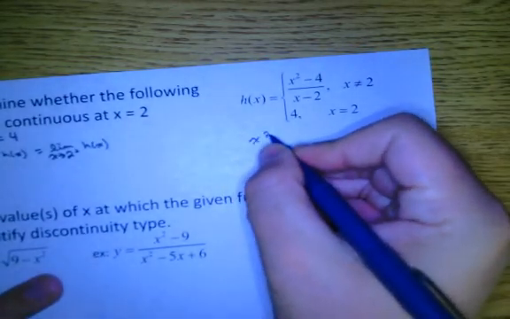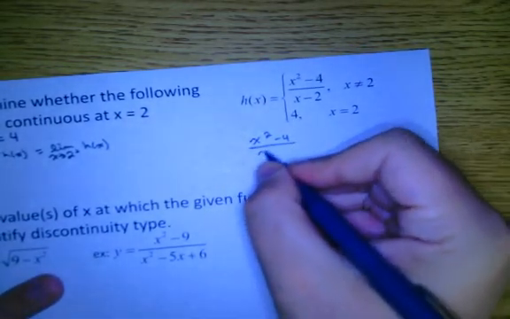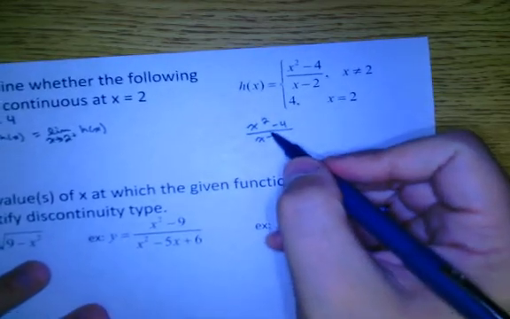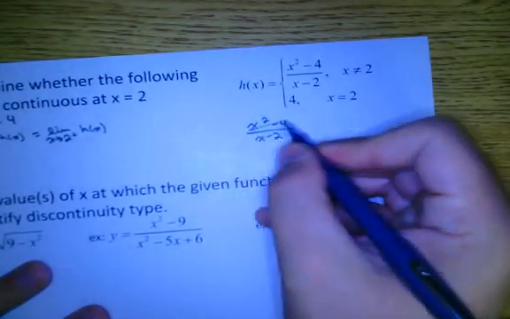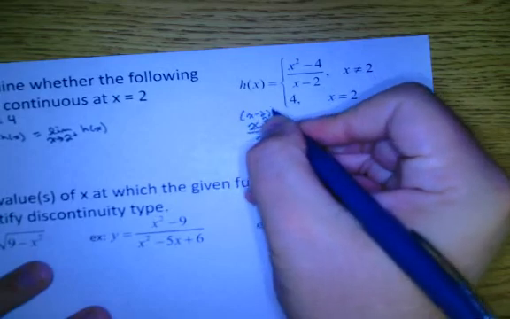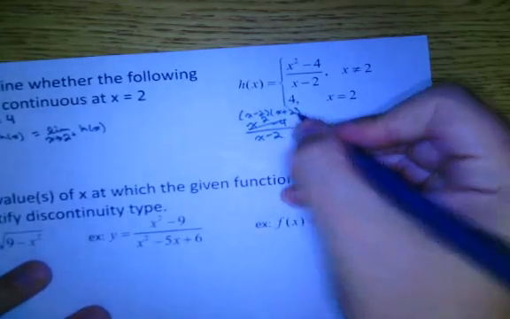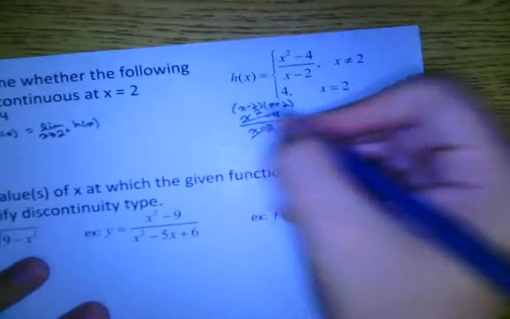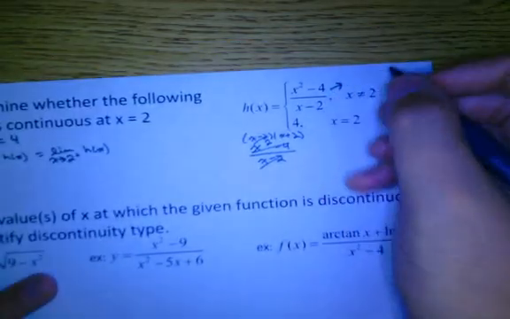Okay, real quick, that top function can actually simplify for us, because this can factor to x minus 2 times x plus 2, and these are going to cancel out, and this is actually going to be x plus 2.